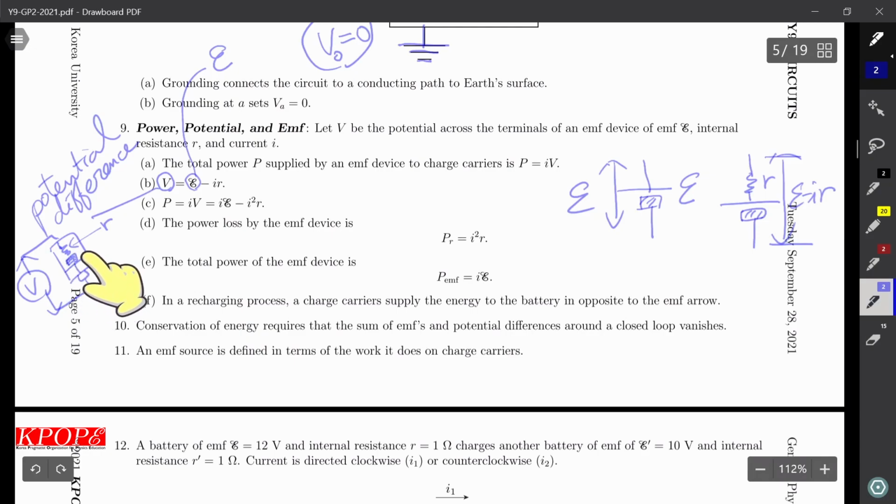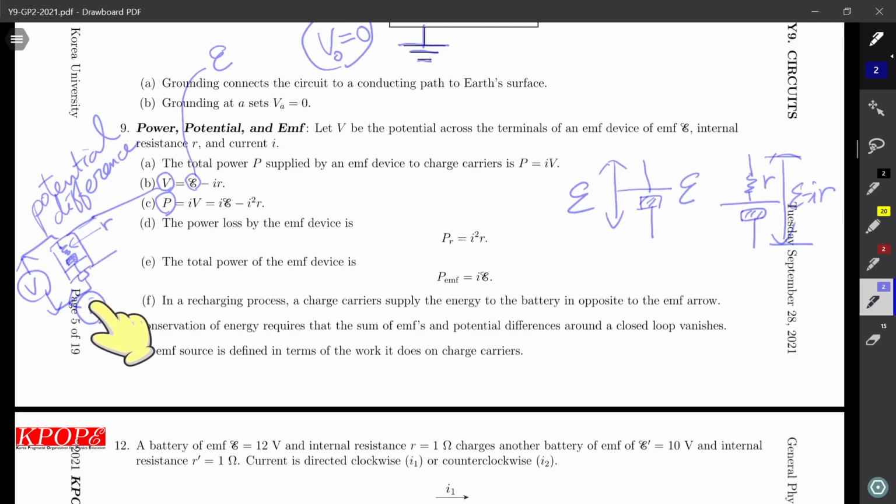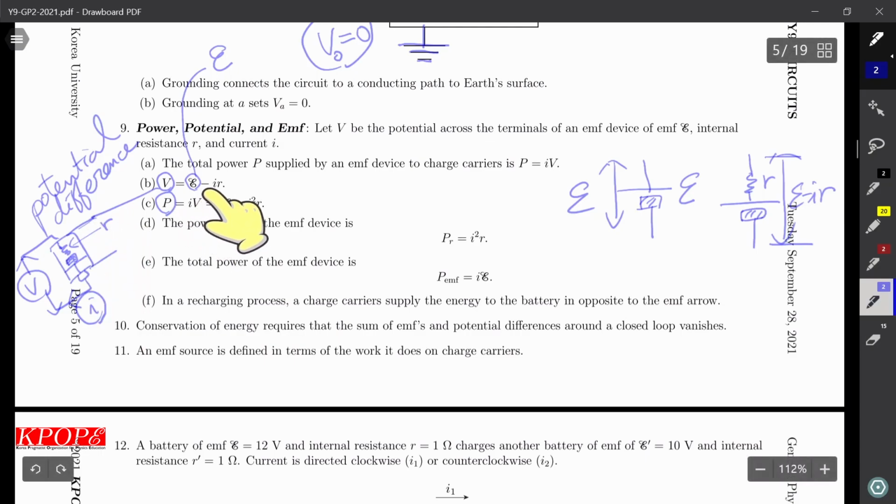And power is current times potential difference, and the current is flowing. Current I is flowing outside, and the potential difference between the two terminals of the real EMF device is V. So I times V is the power.